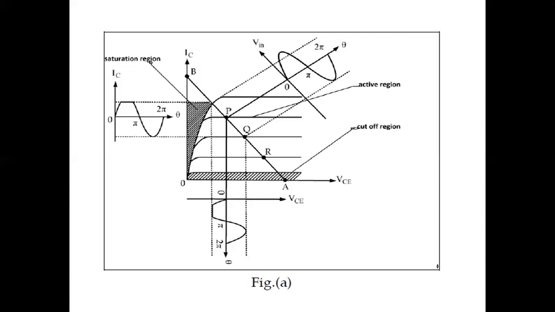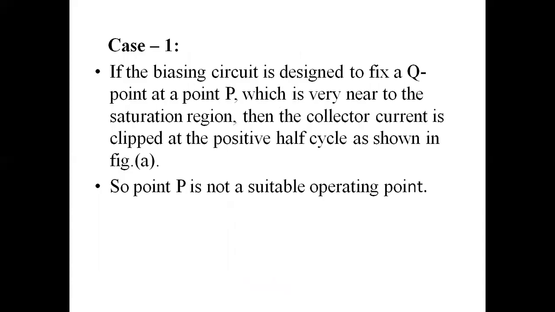Hope you understood. Suppose the biasing circuit is designed to fix the Q point nearer to point P, which is very, very close to the saturation region. Then the collector current is clipped at the positive half cycle.